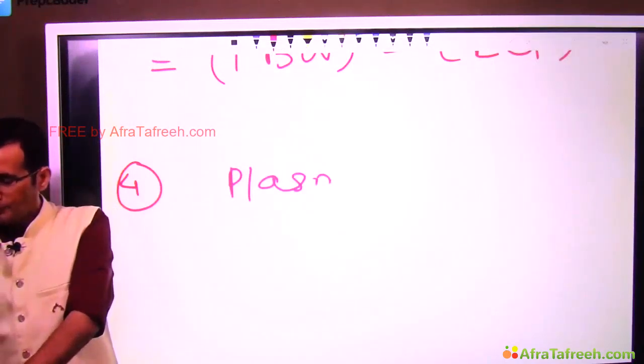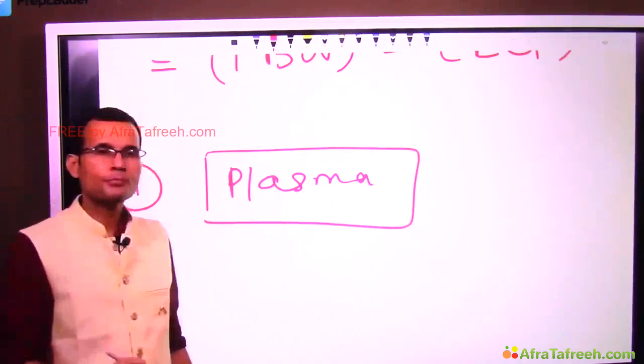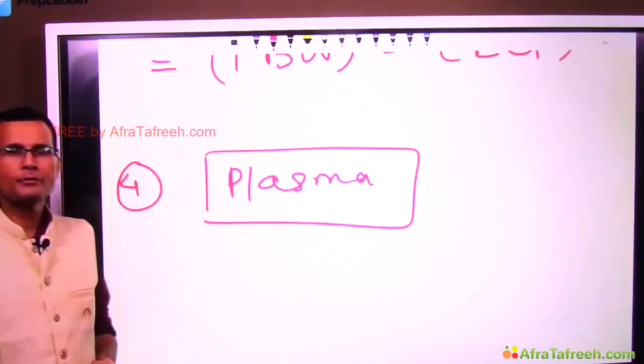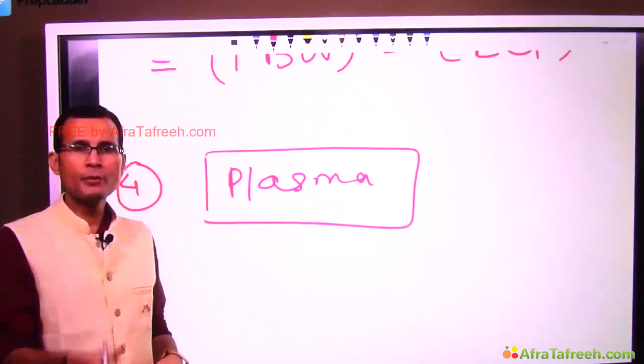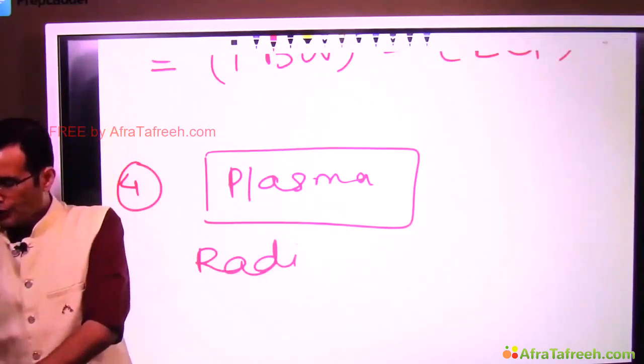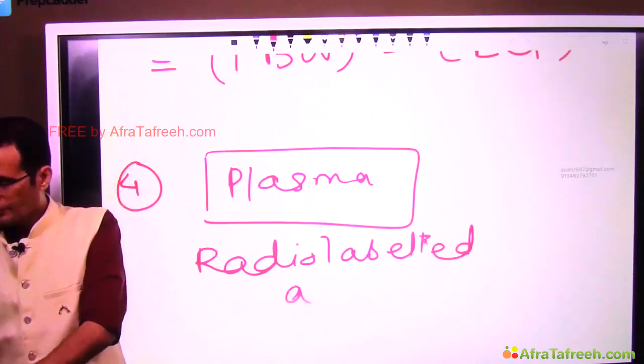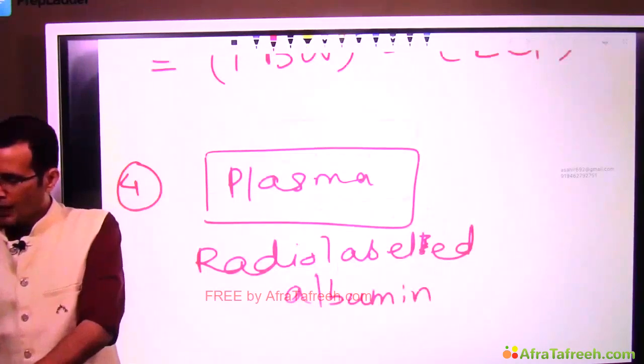Plasma volume. How do we measure the plasma volume? What is there in the plasma? The plasma proteins, albumin, and therefore radio labeled albumin is used to measure the plasma volume.